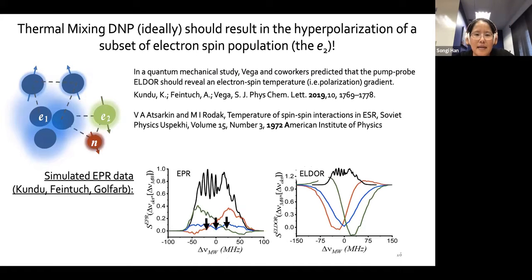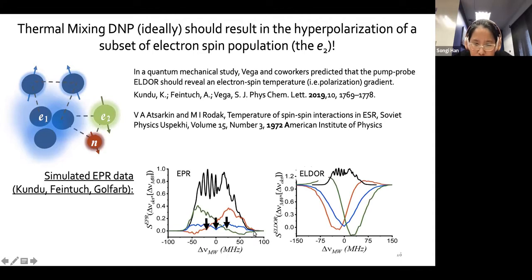I show nice quantum mechanical theoretical simulation by Kundu and Vega. And in fact, they quote a '72 Atsarkin paper, which I read briefly and predicted something along those lines. You need hyperpolarization of an electron spin population, and Vega and co-workers have shown, for example, how the ELDOR alignments would look like when you have a thermal mixing effect.